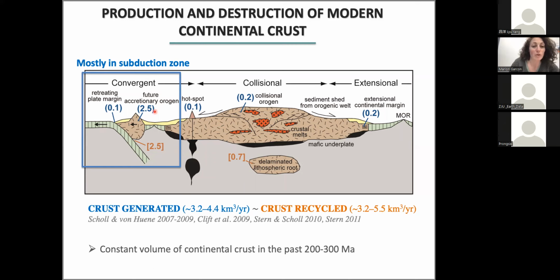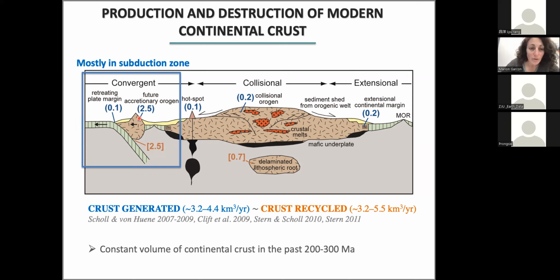So you have subduction, hotspot, collision, and extension. And the amount of crust that we think is destroyed, in cubic kilometers per year, these are the orange numbers. And you can see that the highest numbers are in subduction zones.